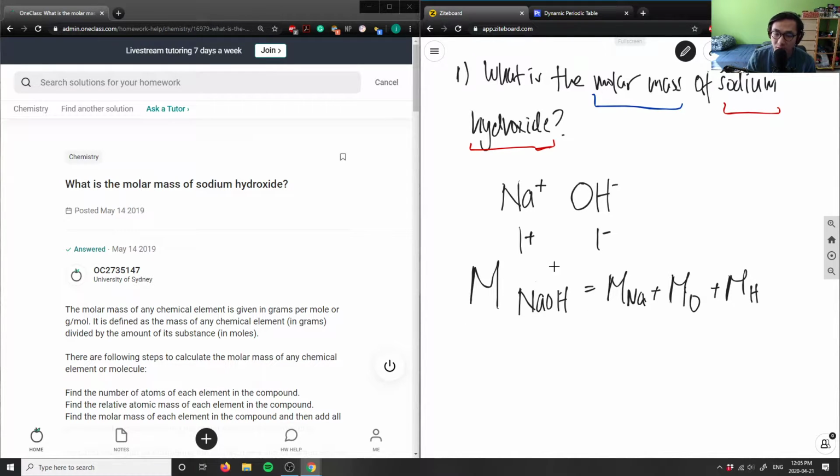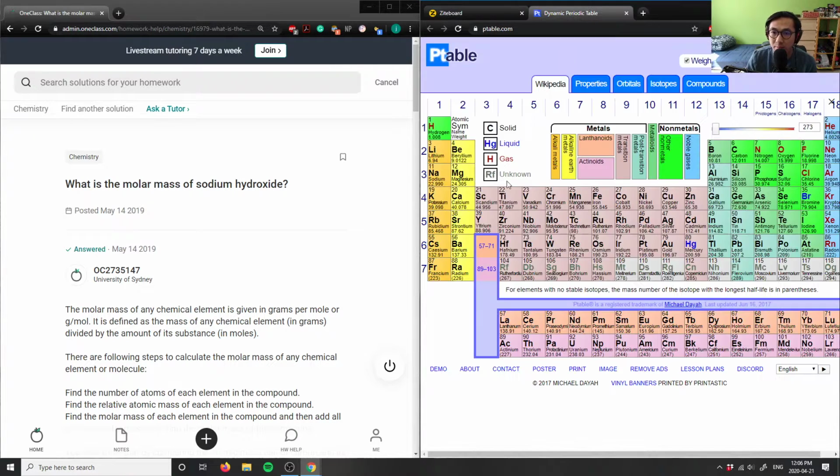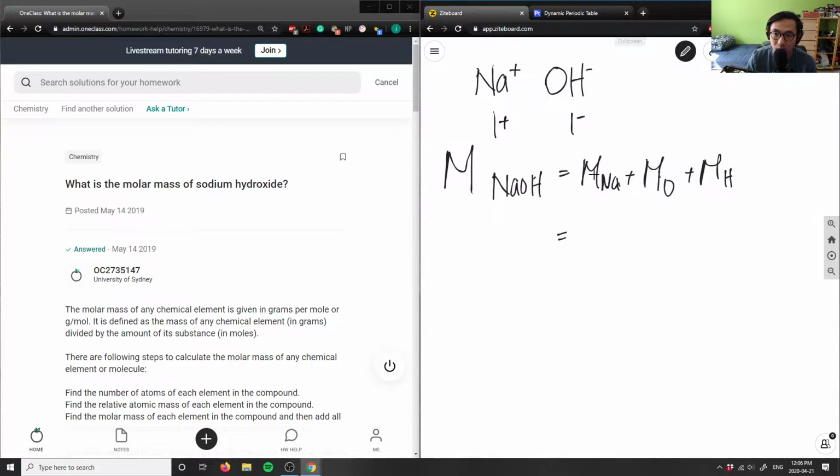I'm breaking this compound down back into its elements. This is my formula to find molar mass: I'm just adding all the molar masses of the elements together. Sodium, like I said before, is 22.99, and this is in grams per mole, because that's what molar mass is measured in.